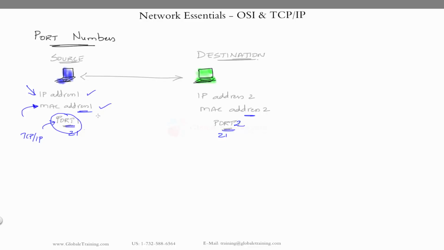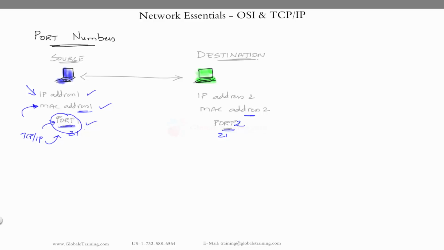They need what? MAC addresses on both sides. And of course, you need a port number on both sides for them to communicate. And the port number is assigned by the TCP/IP protocol stack.